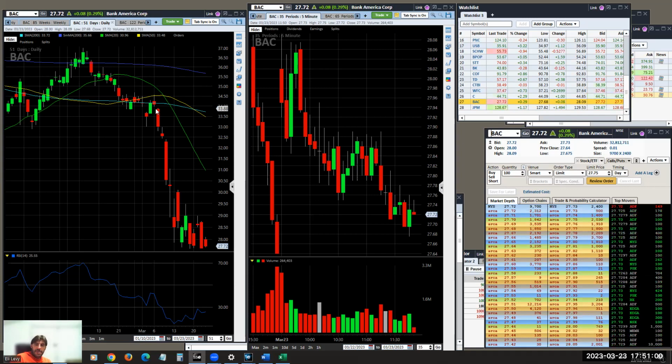I can't go against a trend line right now because I'm looking at the sector as a whole. But bottom line is all these big boys, like Bank of America, look at this, they're really on the low. It's hitting this area around 27.67, and it keeps jumping back up from 27.67. It's going back up.